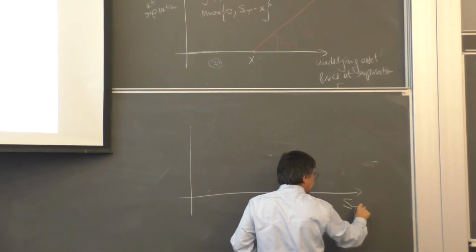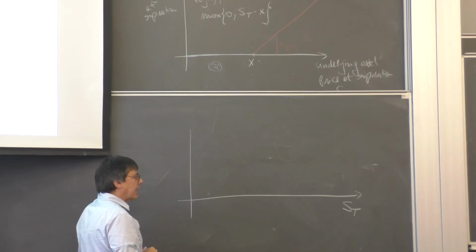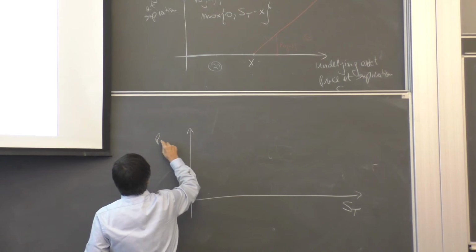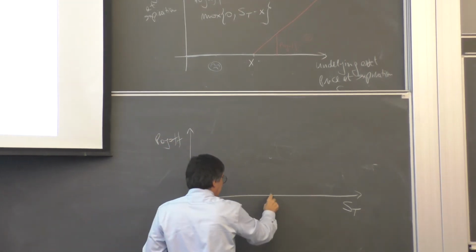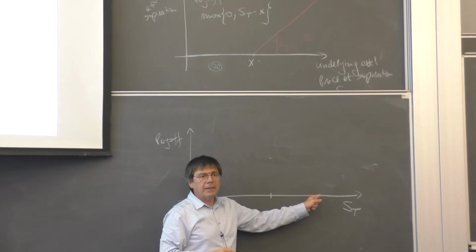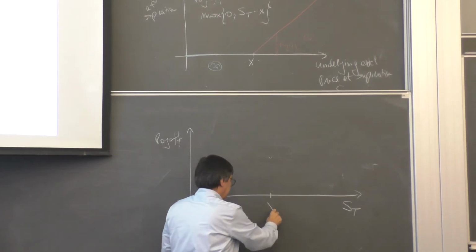I'm going to call this the S at expiration time. So that's going to be the underlying asset price at expiration. This is going to be my profit, my payoff axis. And let's put the X here. Now suppose that I observe the underlying asset price being here. Am I happy or am I sad?